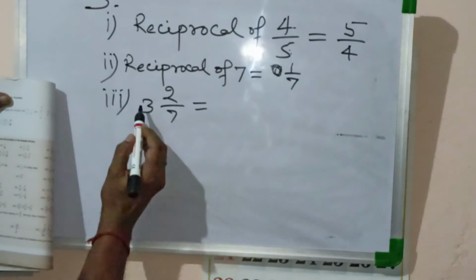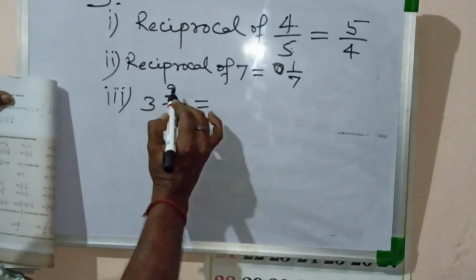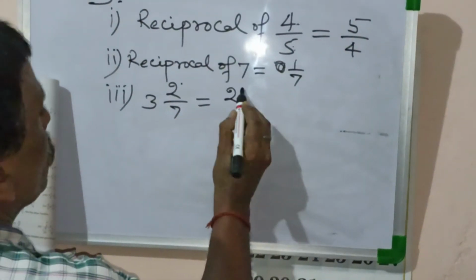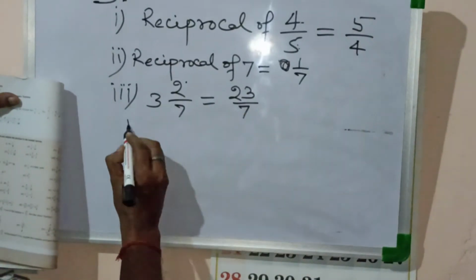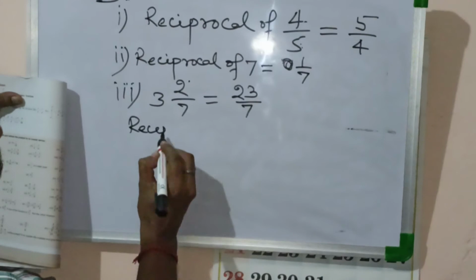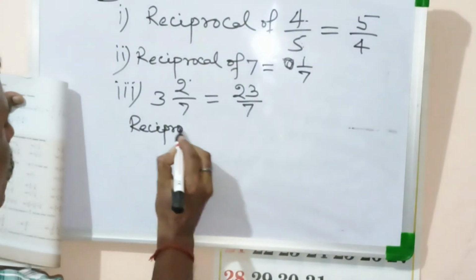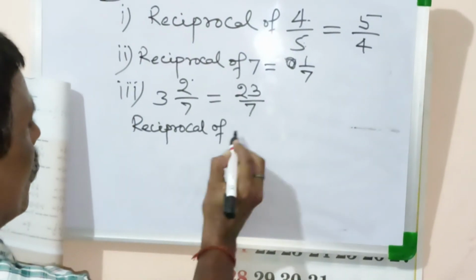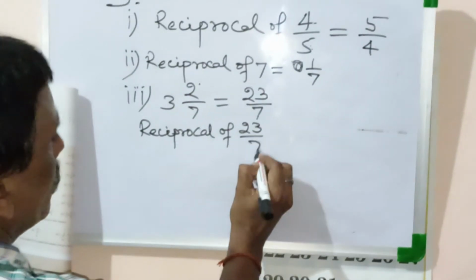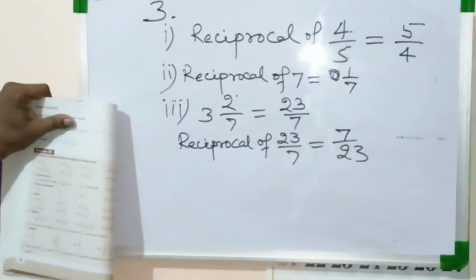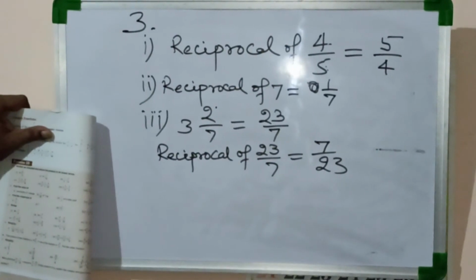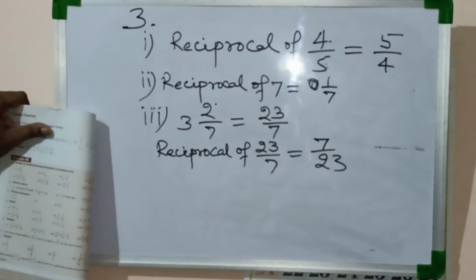So 7 threes are 21, 21 plus 2, that is 23 by 7. So the reciprocal of 23 upon 7 equals 7 upon 23.